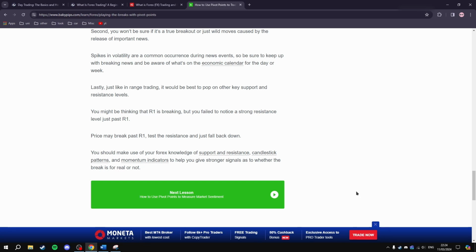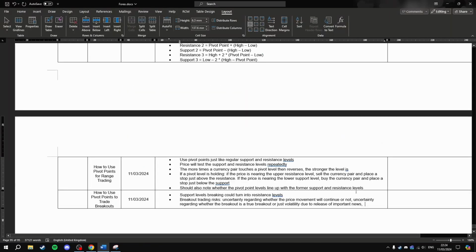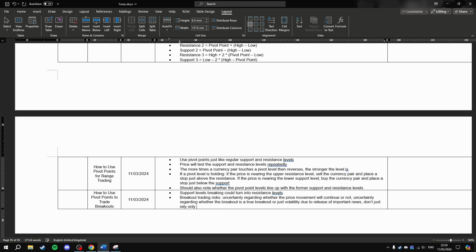Lastly, just like in range trading, it will be best to pair with other key support and resistance levels. Don't just rely only on pivot points, support and resistance levels.